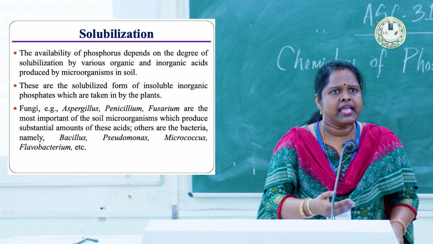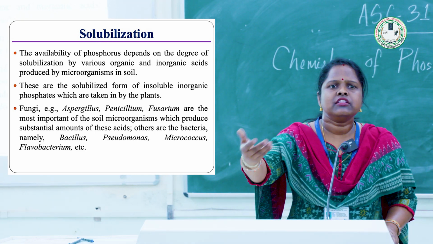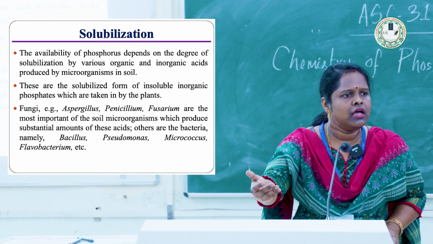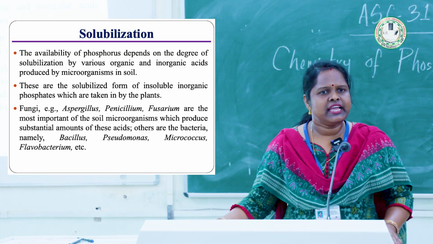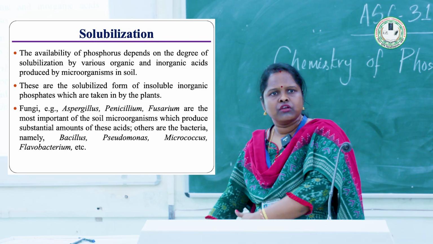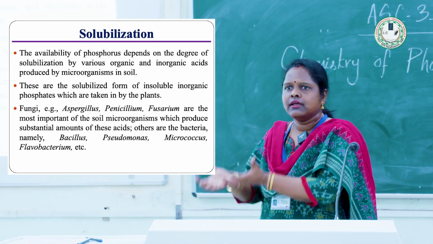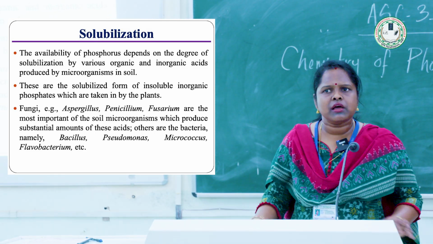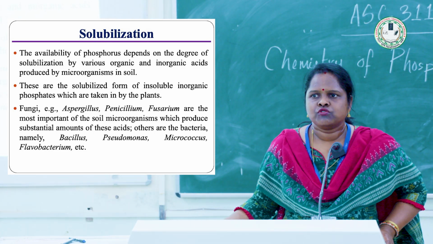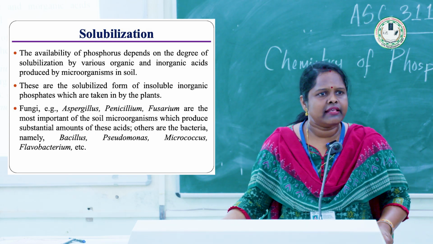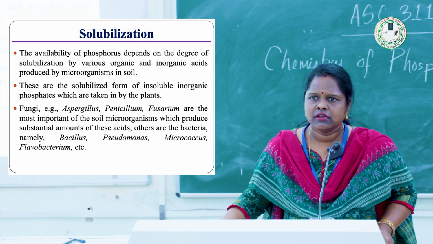These fungi extend the root system with the mycelium, the hyphae. So this mycelium goes to the soil depletion zone, then through the extension of the roots, the phosphate ions are uptaken. So these are also very important in case of phosphorus transformation in the soil system.